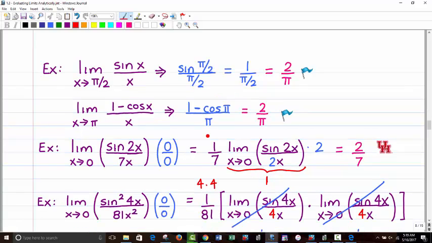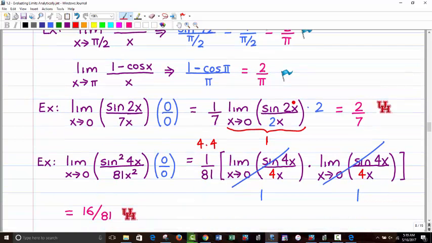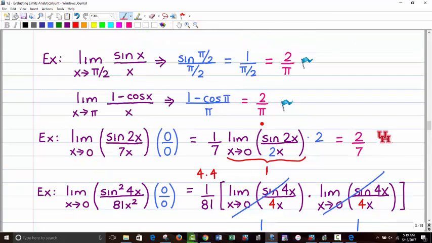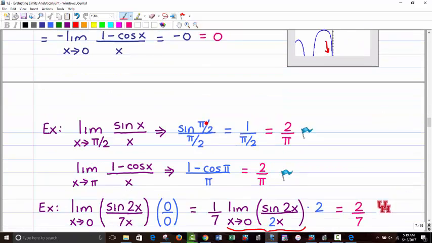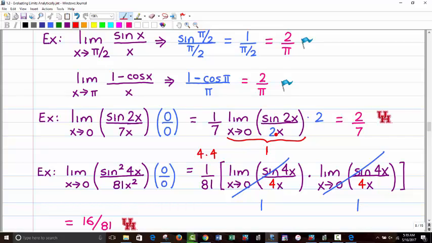Now, I guess this one didn't have to go through it. It does equal 2 over 7, but the actual formal way to do this would be using this idea right here in green. What I did is I put a 2 with that x and then put another 2 in there, because that way if I have a 2 over 2, it's still 1, right?